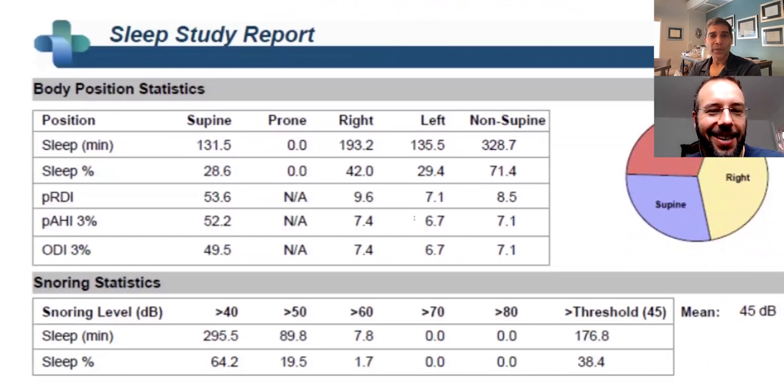Anyway, so then we looked at this. What jumps out at you, Andrew? Look at these numbers. It's primarily on their back. 53 events an hour on their back, and on their side, this is like Jekyll and Hyde. I can't remember which one was the bad one. But does that say anything to you?